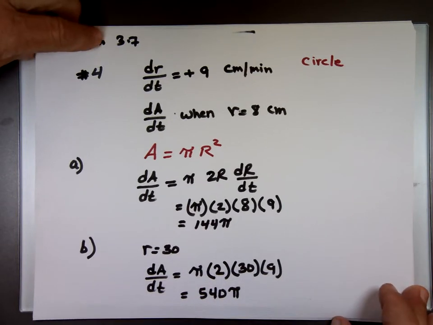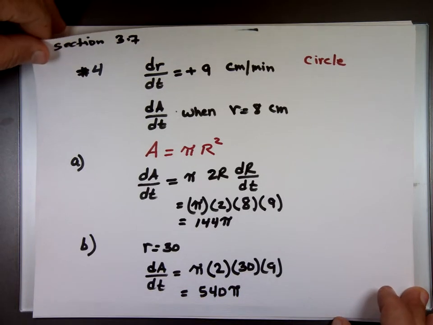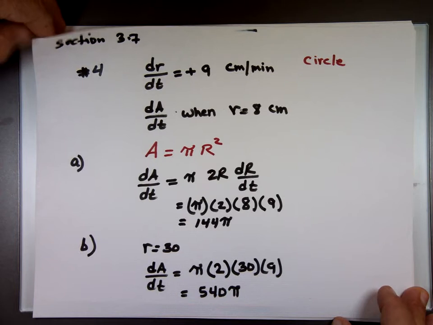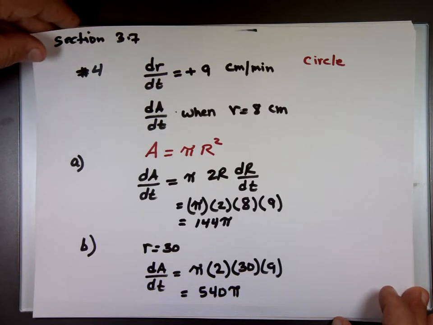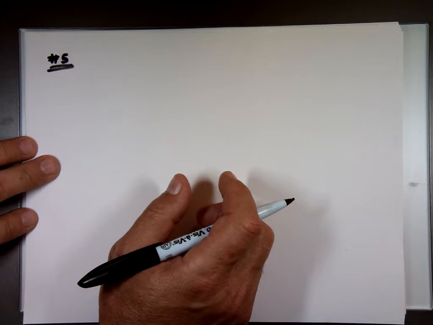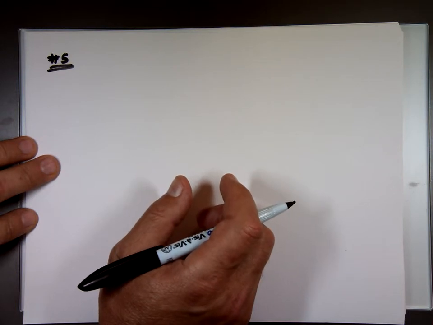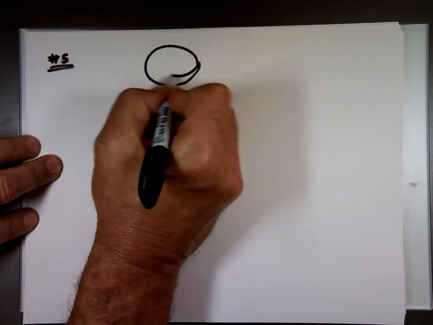On the test, if we give you a sphere or something, I'll give you the equation for that. Like the next question, number 5, talks about a sphere. The radius r of a sphere, so we have a sphere, it's like a basketball, that's a 3-dimensional picture by me.